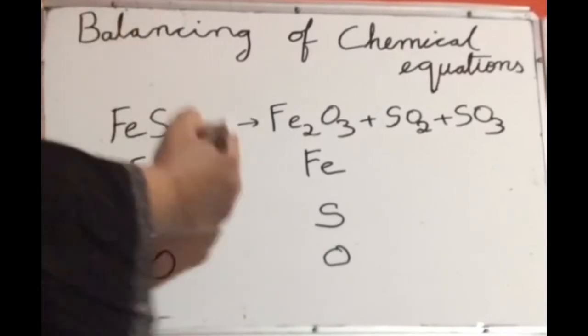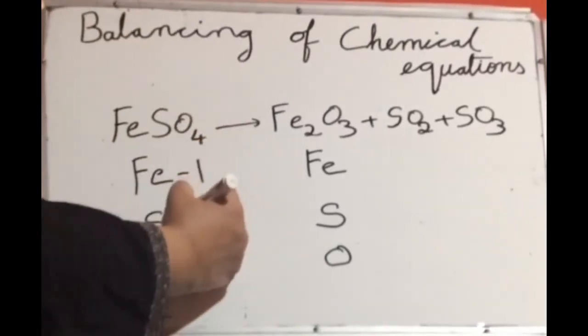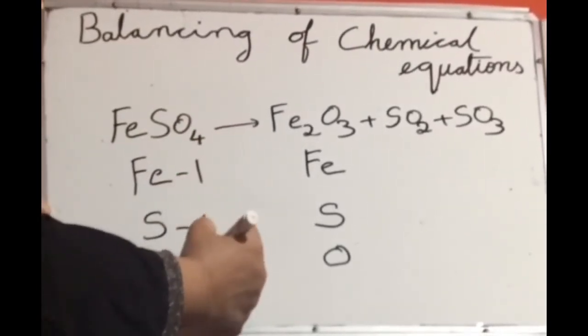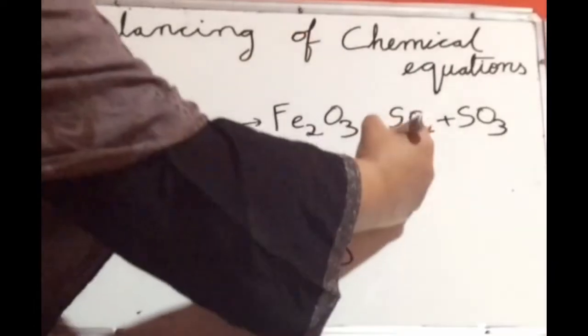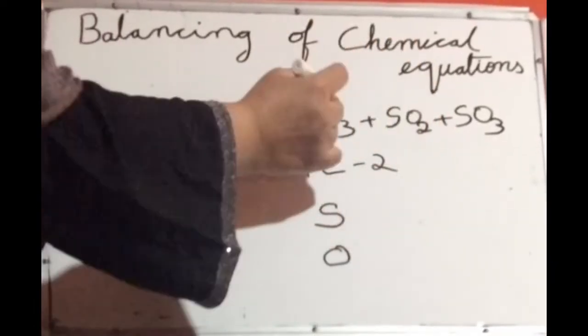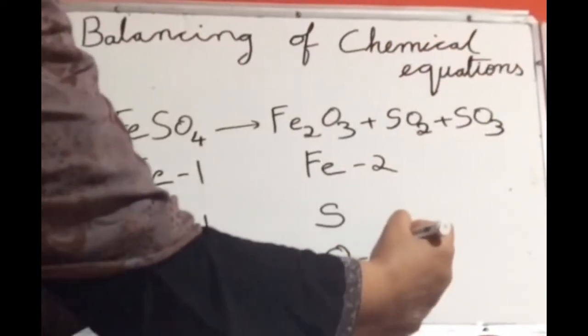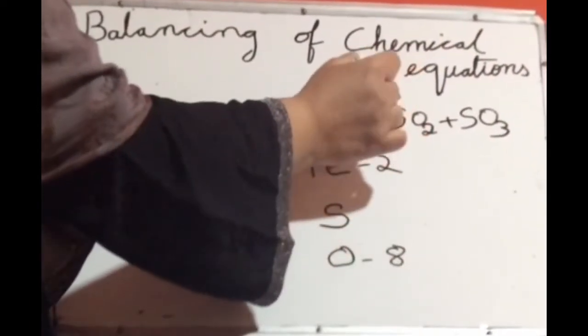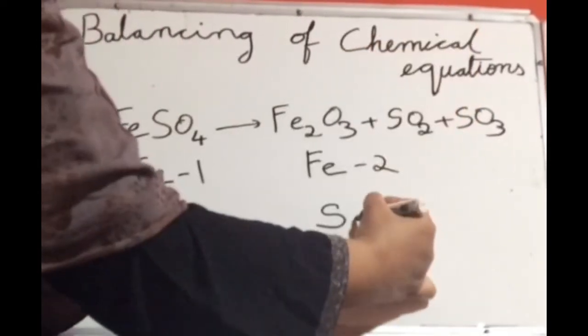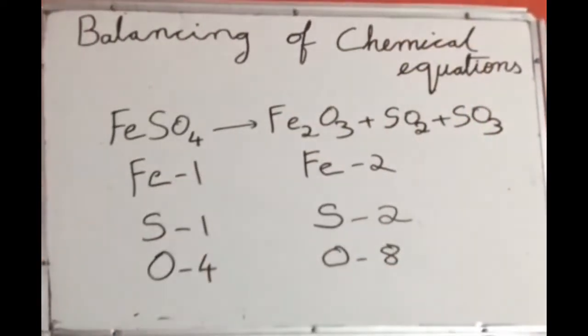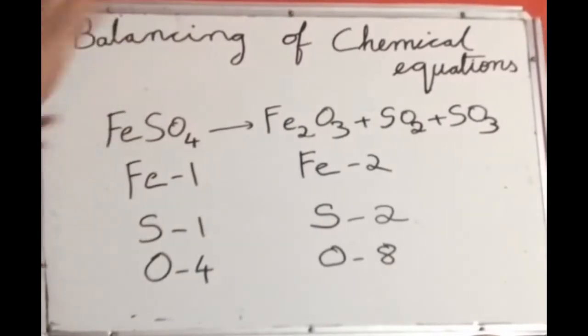Next step is what? Write down the number of atoms. So, iron 1, sulfur 1, oxygen 4. What about here? Iron 2, oxygen, you have to add all the oxygen. 3 plus 2, 5. 5 plus 3, 8. Sulfur. How many sulfurs? 1, 2. I get 2 sulfur.